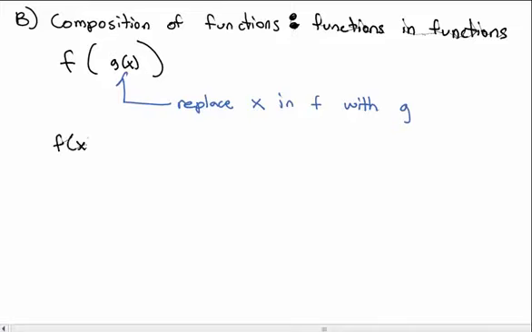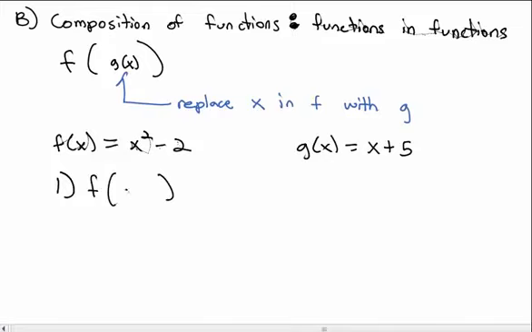If we make f of x equal to x squared minus 2 and g of x equal to x plus 5, we could be asked to find f of g of x. And what I want you to notice is this g of x inside, g of x is x plus 5.